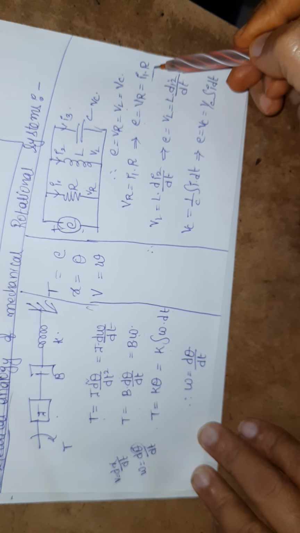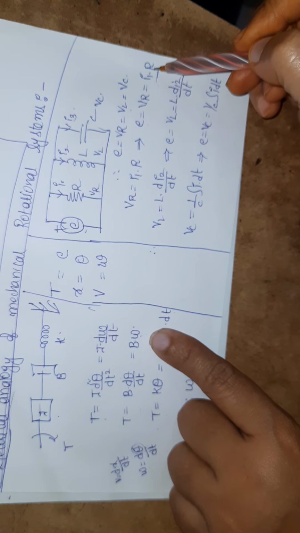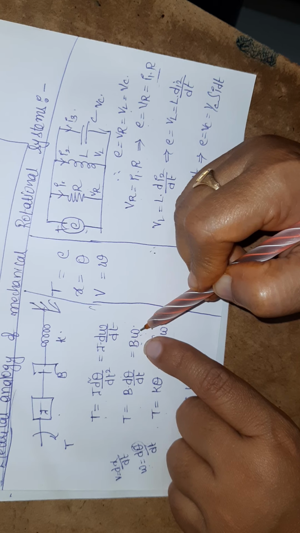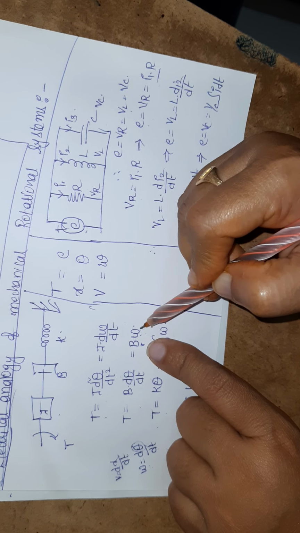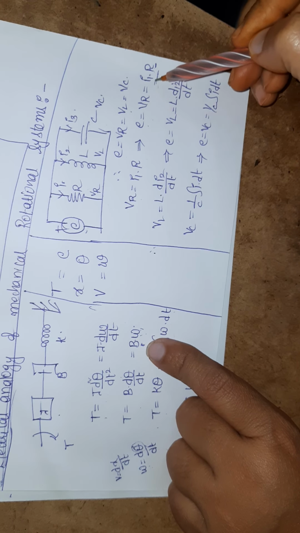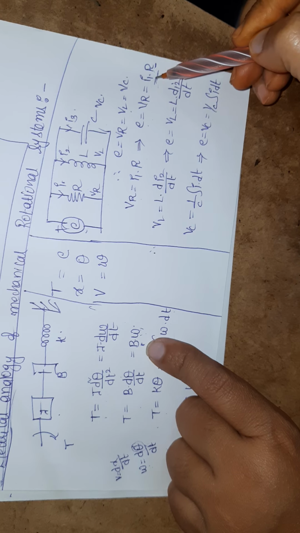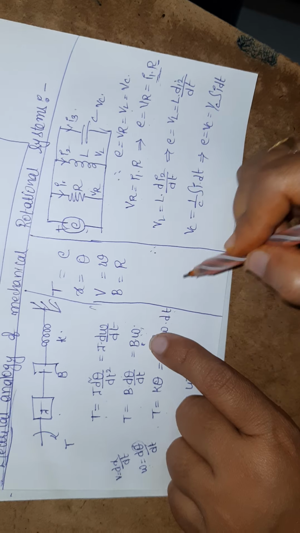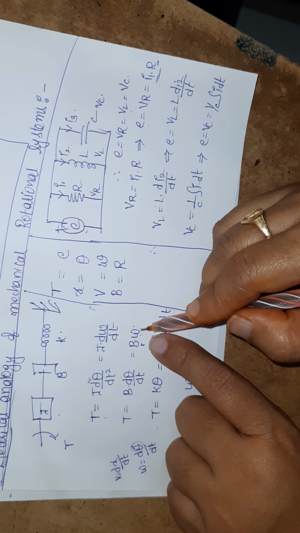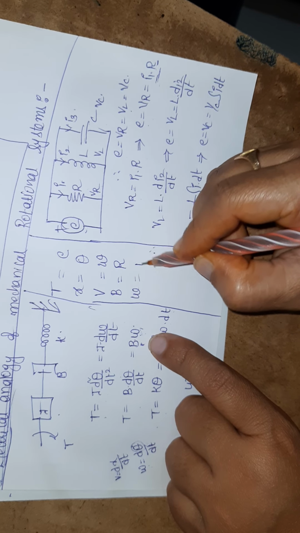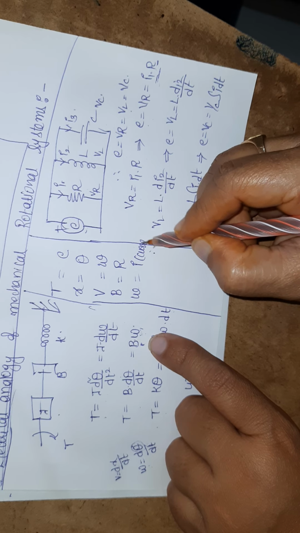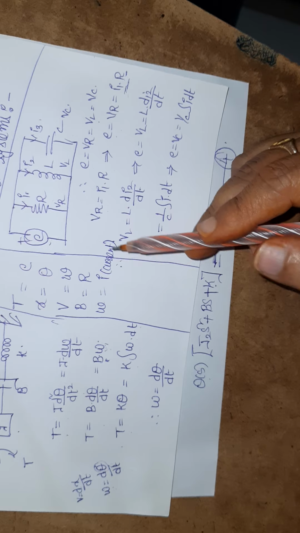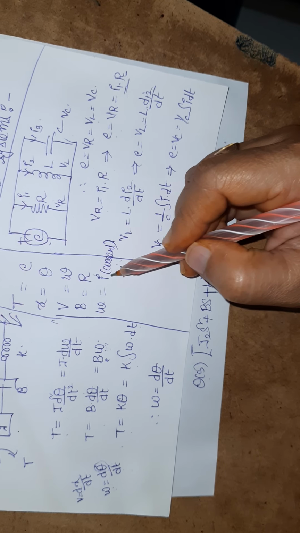Next, if I compare these two, what is the B element, what is omega? B is fixed, omega is varying. Resistor is fixed, current is varying. So B is equal to R, and omega is equal to current I. Whether it is I1, I2, I3, I can write omega is equal to current I1.